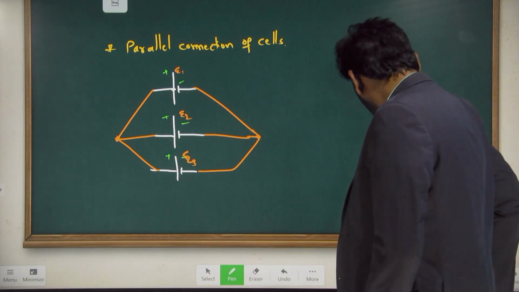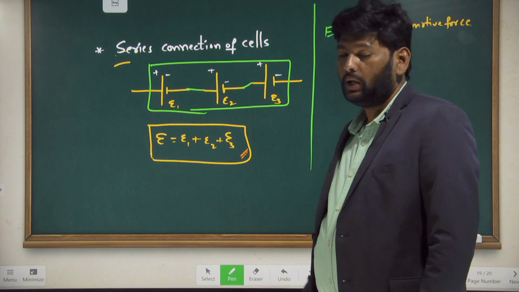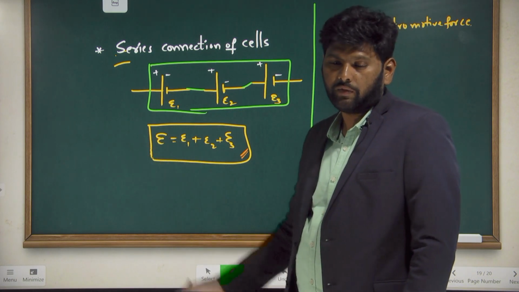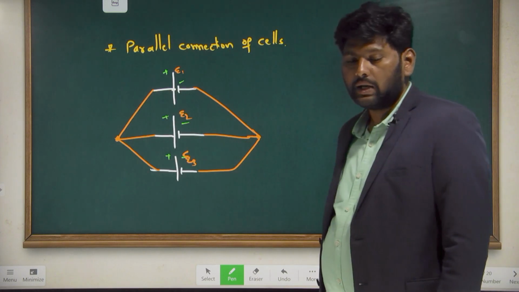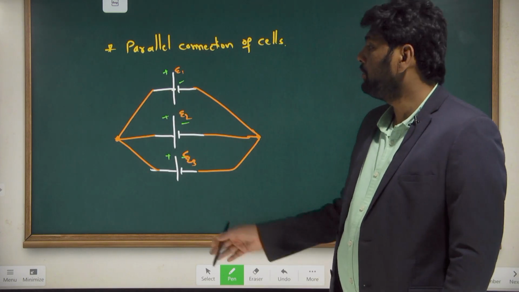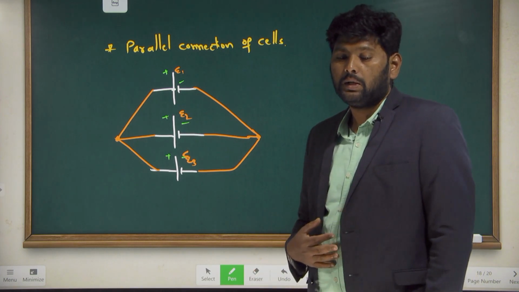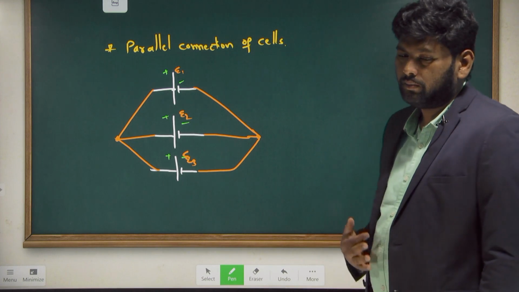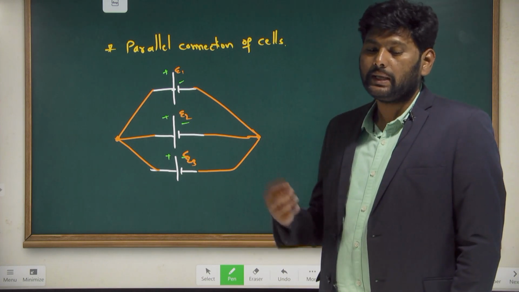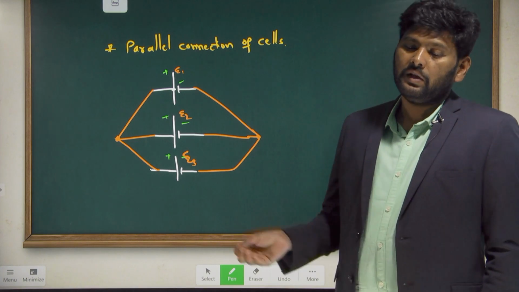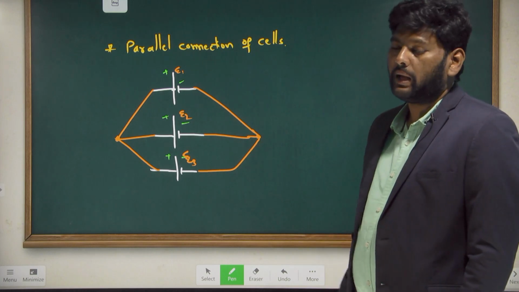Just before, in a series connection, what happened? The effective EMF is the sum of the individual EMFs of the cells. But when it is in a parallel connection, the effective EMF is the greatest cell EMF. The greatest cell EMF will be the effective EMF of the grouping in this parallel connection.